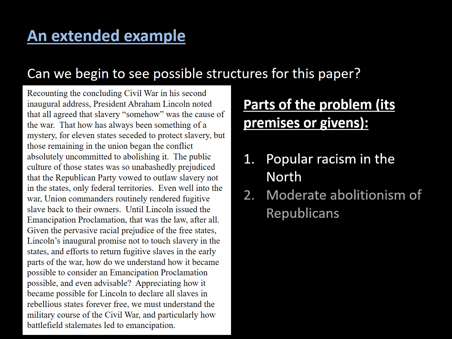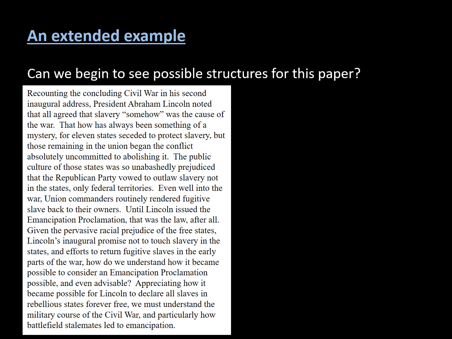That there is moderate abolitionism of the Republicans. They didn't want to end slavery before the war. And that even into the war, the Union still supported the persistence of slavery in many respects. So these are all things that make it harder to explain how emancipation happened.